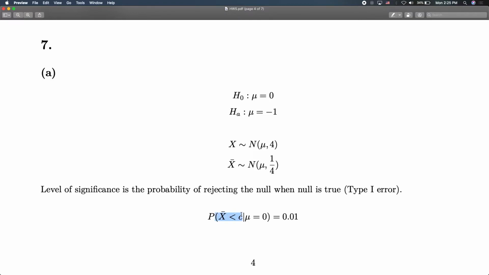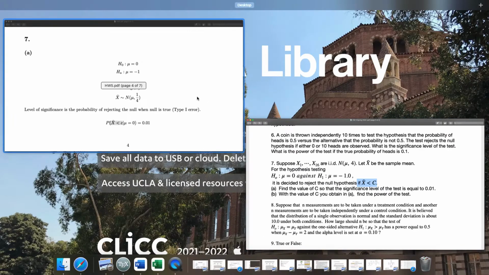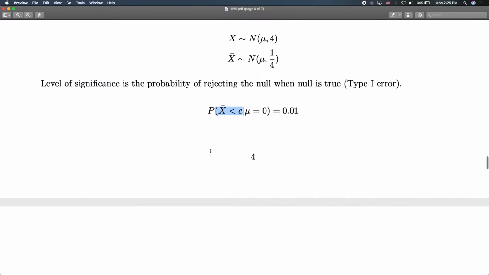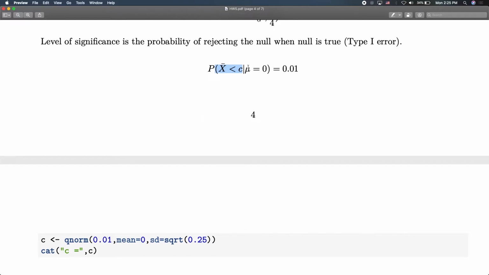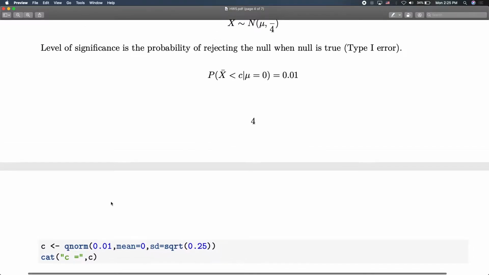And this part is the rejection criterion based on the question, x bar less than c. So we first need to find the value of c. We also know that x bar follows a normal distribution. So we just need to find the quantile c such that the area under the curve up to this c has probability 0.01.